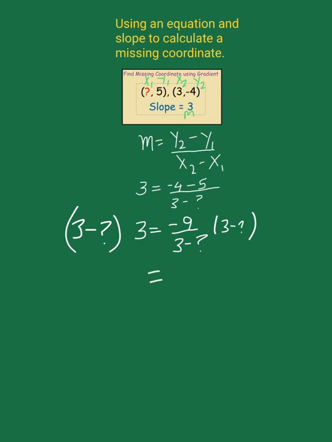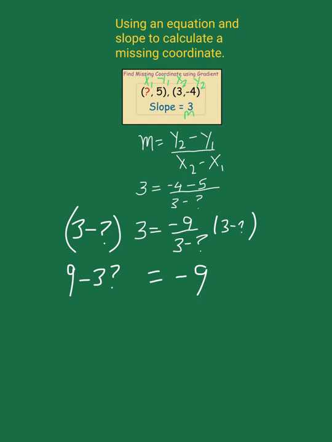On the left-hand side, I have to use the distributive property. So I get 3 times 3, which is 9, minus 3 times question mark, which is 3 question mark, equals, we're lucky because these two divide each other out, makes 1, so that's going to be negative 9.